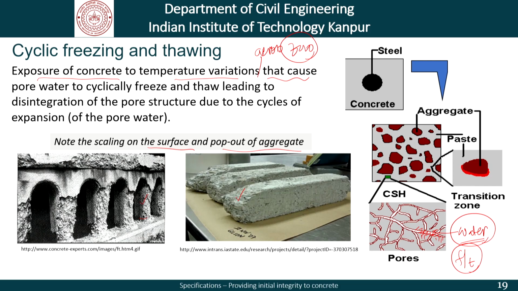So if we have a concrete structure which is likely to be subjected to cyclic freezing and thawing, we know that, and therefore one of the things that we need to do to ensure initial integrity is to make sure that it has adequate resistance to freezing and thawing.